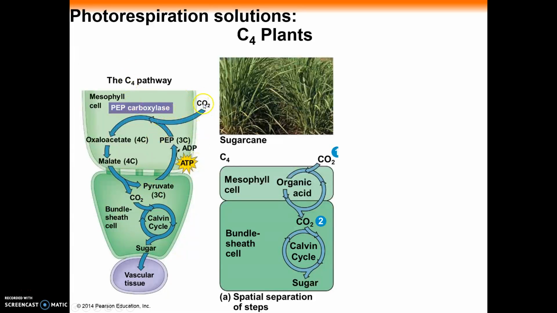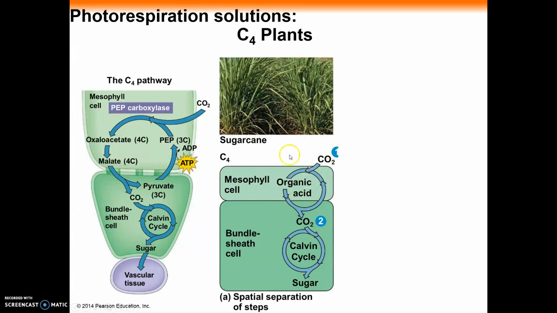Instead, it takes that carbon dioxide and passes it to the next cell over. And once in that next cell over, then we can conduct the Calvin cycle. This means that in the secondary cell, you can control the amount of oxygen and carbon dioxide.